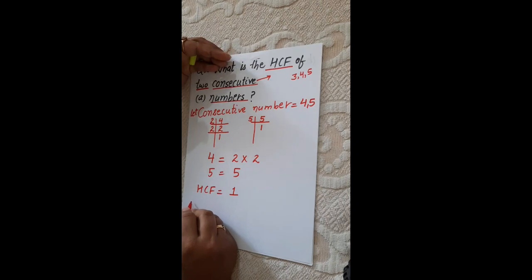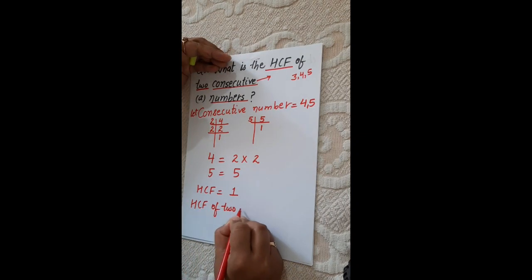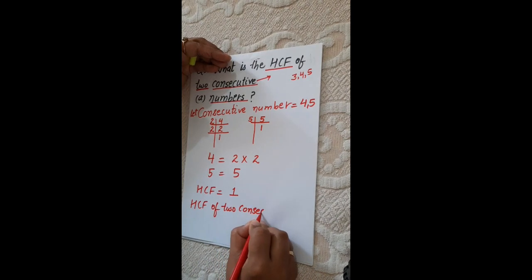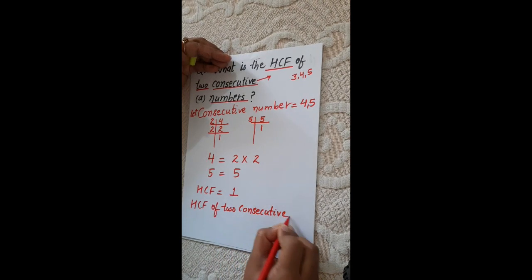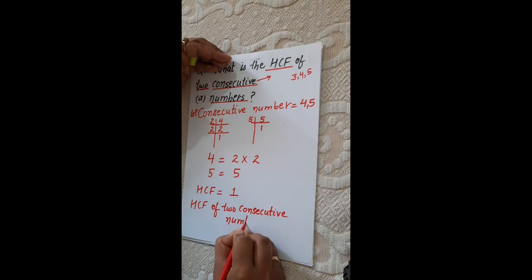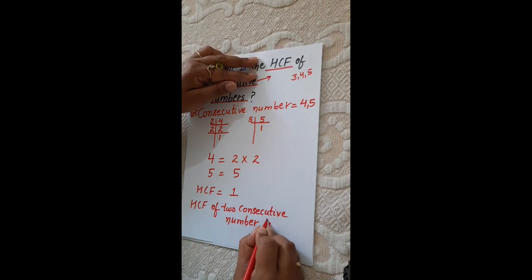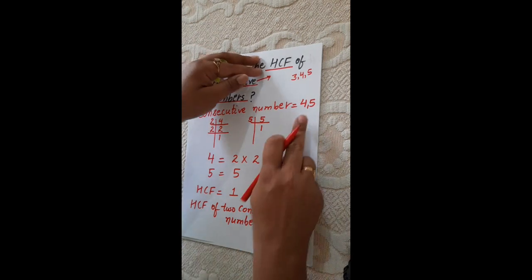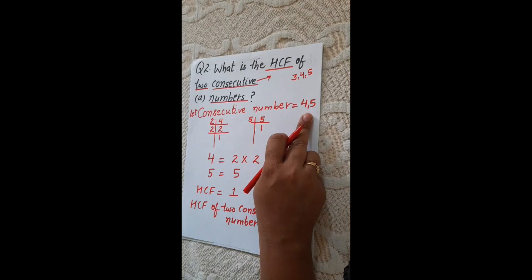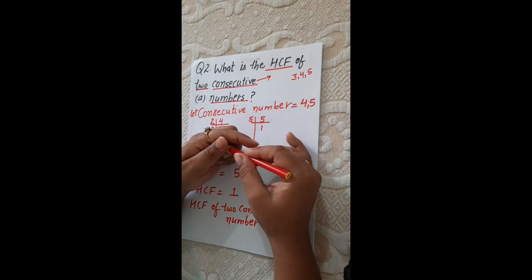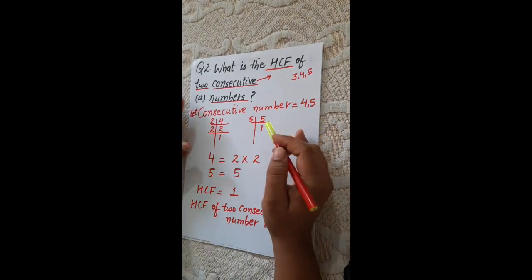So the highest common factor of two consecutive numbers is 1. You can take any other example to find the HCF of two consecutive numbers.